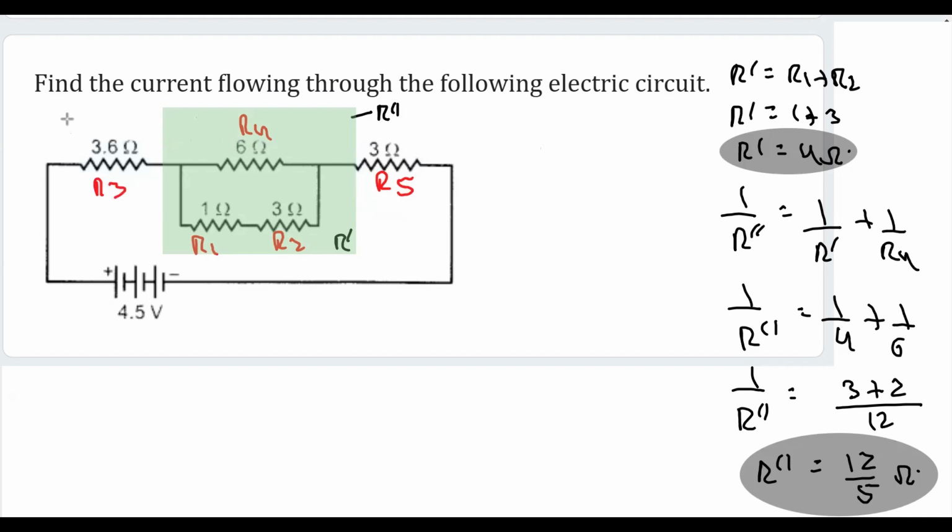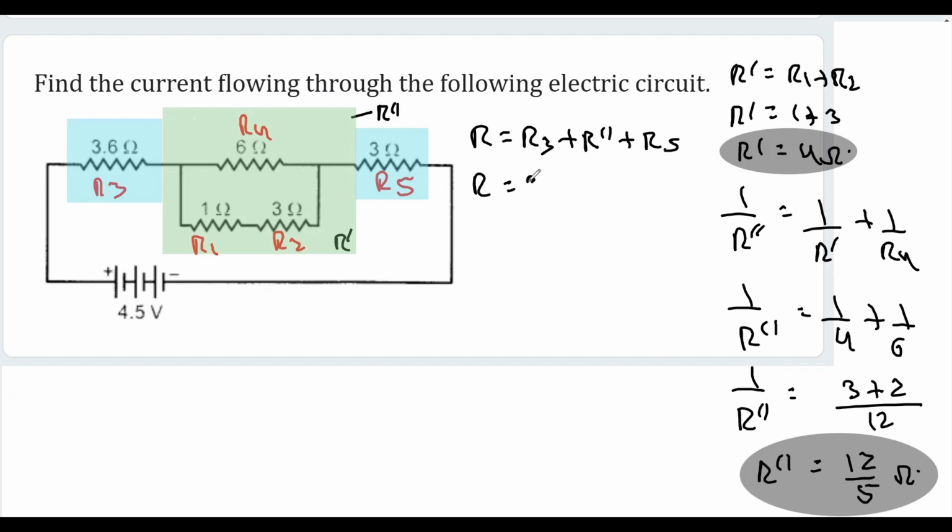You can see they are connected end to end. So if I have to find the total resistance, say R as the total resistance, it will be R3 plus R double dash plus R5.